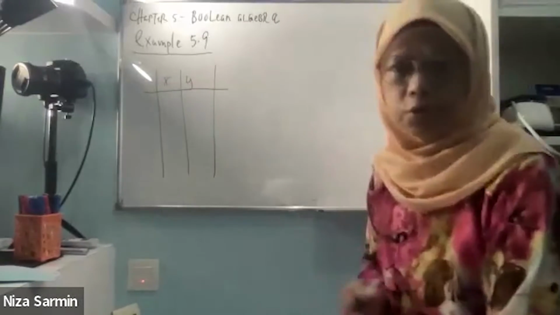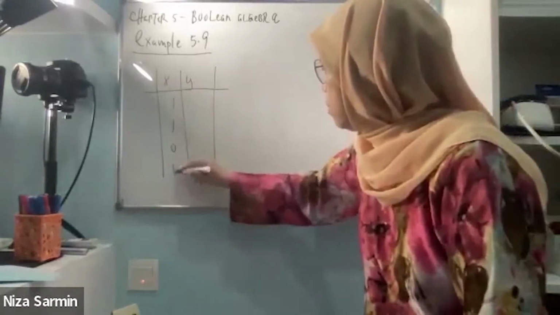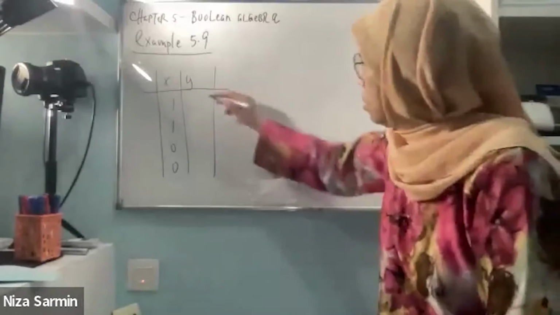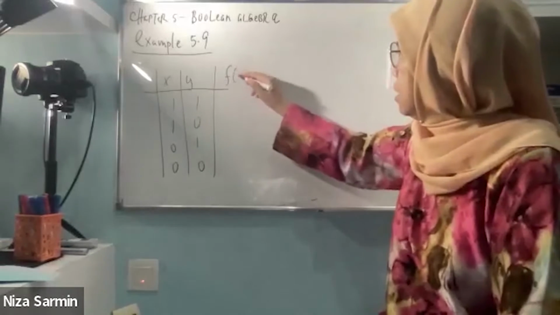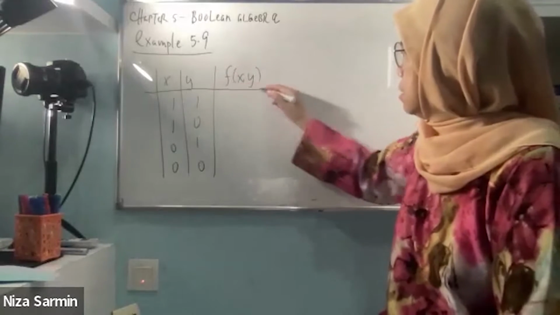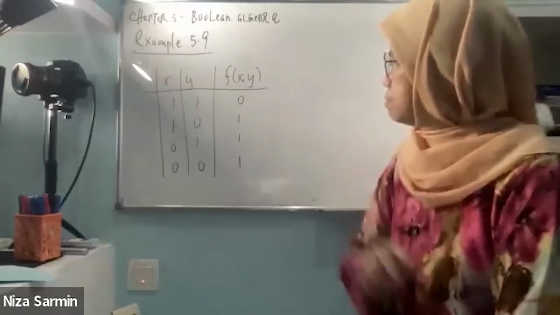This is in the notes, so you don't have to copy the question. So we have 1, 1, 0, 0, 1, 0, 1, 0. And the expression or the polynomial for this is 0, 1, 1, 1.